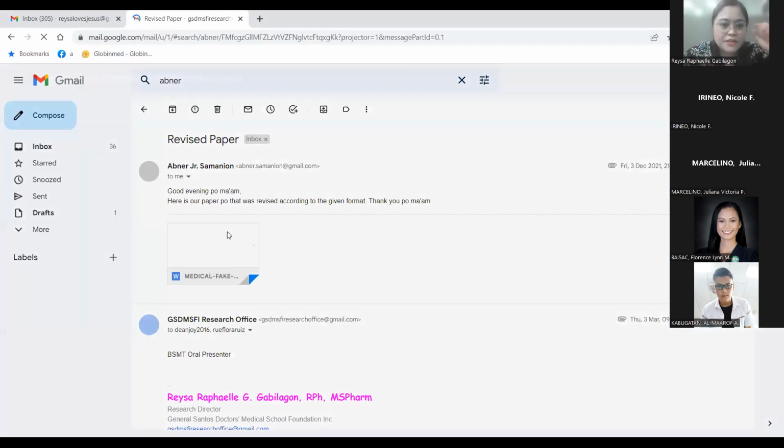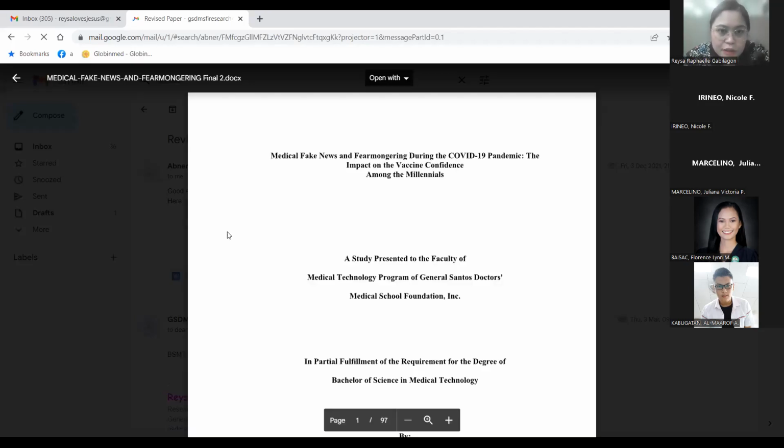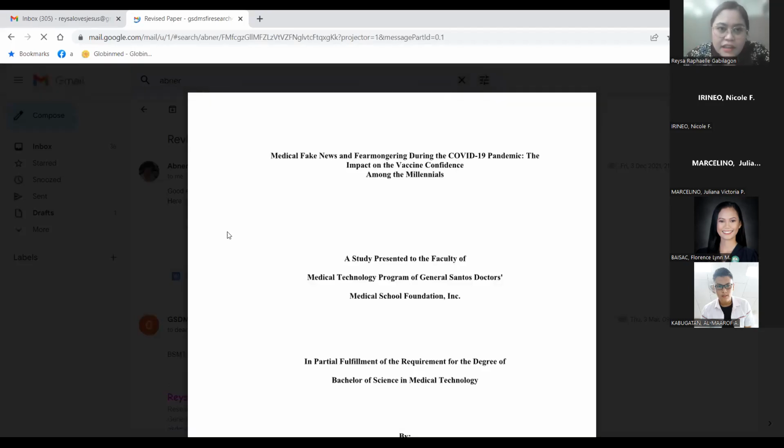For example, this one, though this is not a pharmacy research, but let's just try to look at this title and identify. But let me check if nasundan yung sinabi ko kanina na independent variable is our predictor variable and our dependent variable is the outcome. Okay?